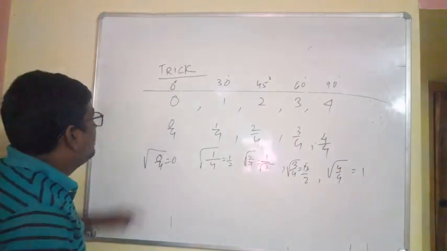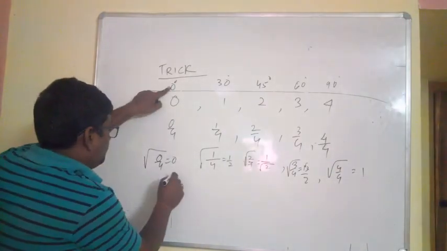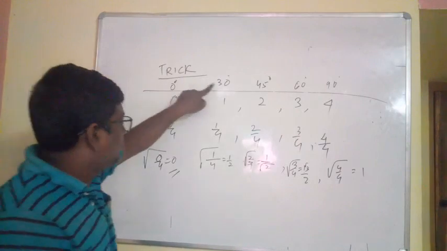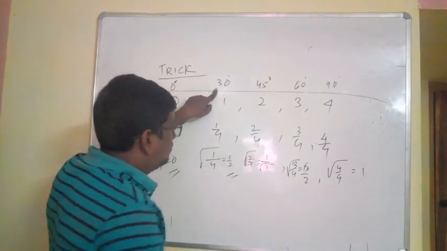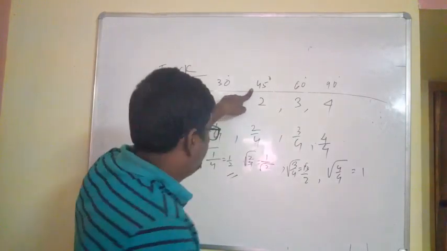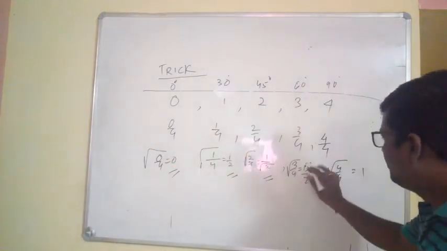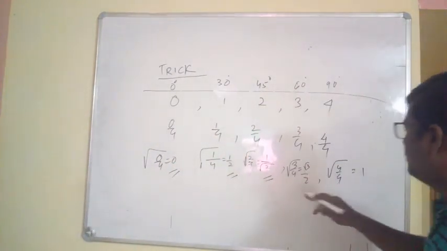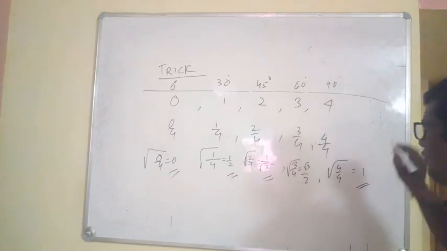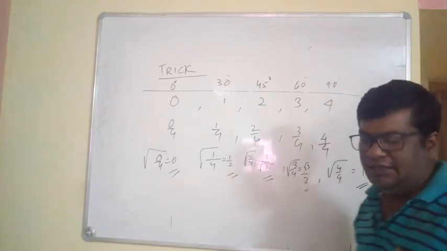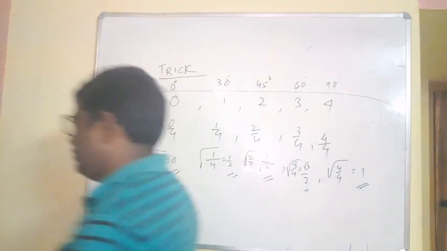Here sine 0 is equal to 0, sine 30 is equal to 1 by 2, sine 45 degree is equal to 1 by root 2, sine 60 degree is equal to root 3 by 2, and sine 90 degree is equal to 1. Clear? You already know this trick.